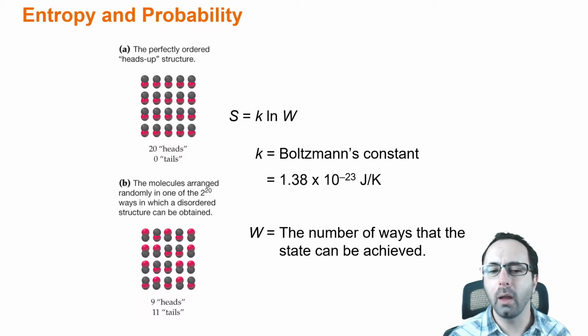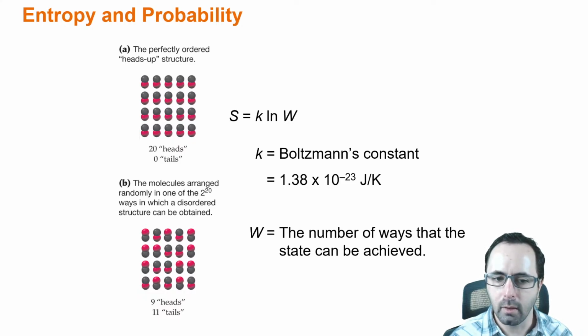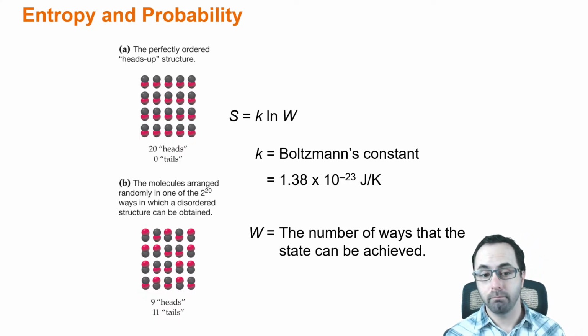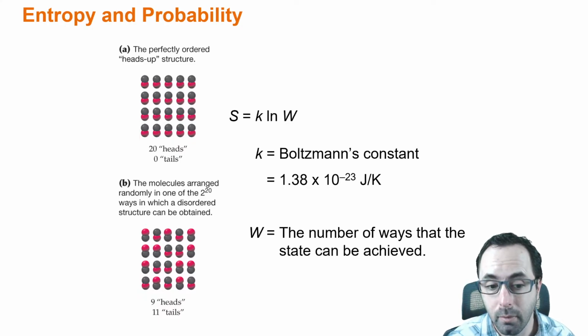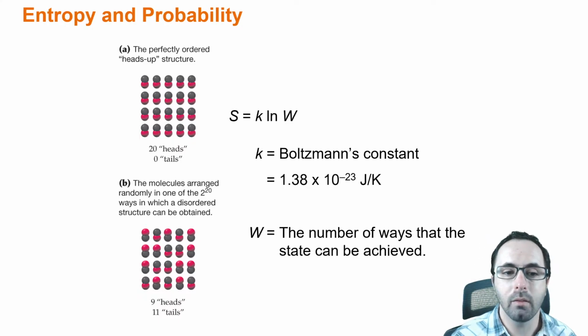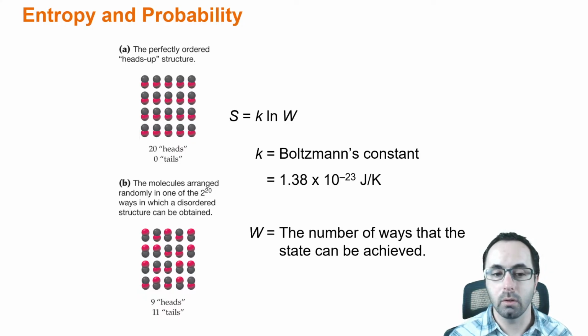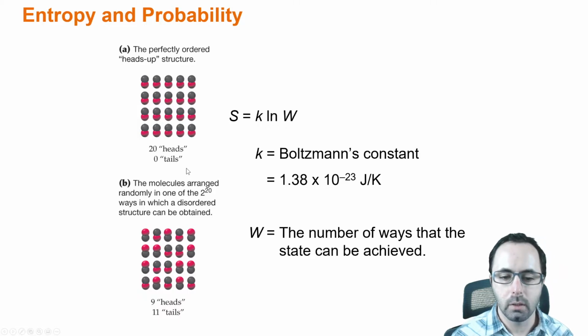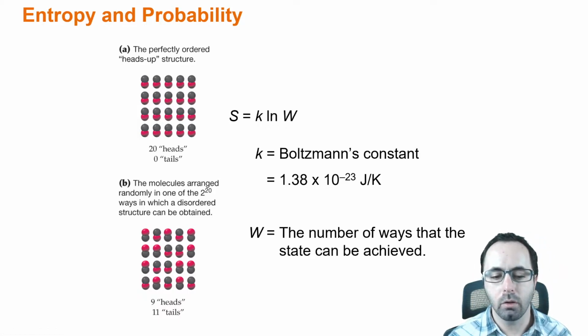Likewise, when it comes to a coin flip like this, there's only one way that you could get, if you flip the coin 20 times, 20 heads and 0 tails. They all have to be heads, and so this is a perfectly orderly structure, all 20 heads. However, let's say you're talking about the arrangement 9 heads and 11 tails.